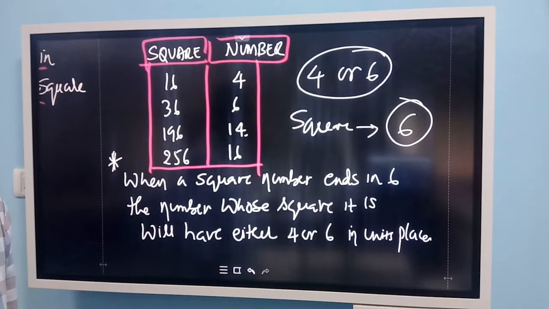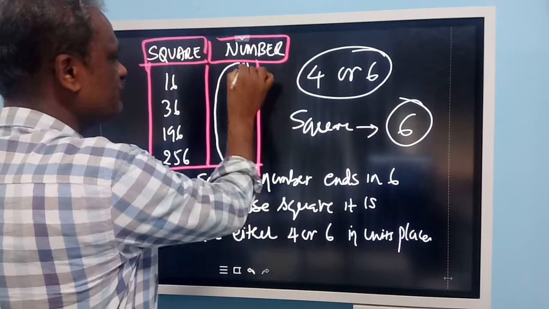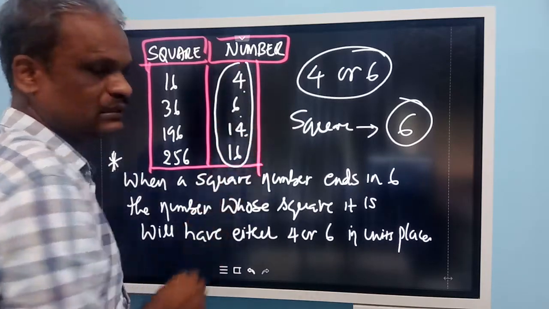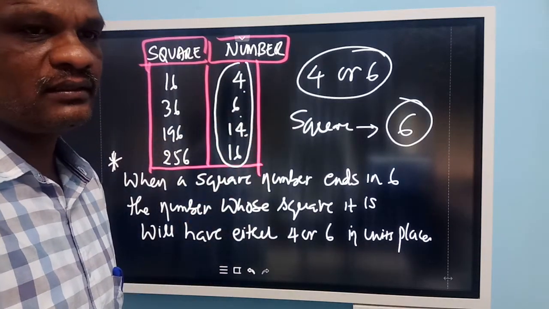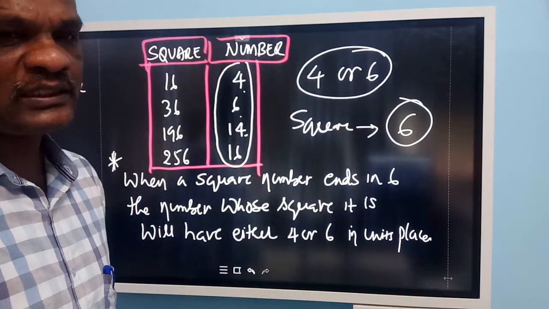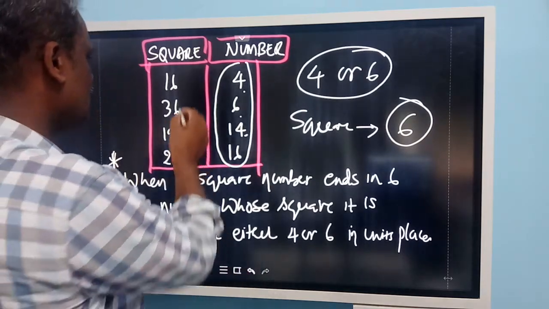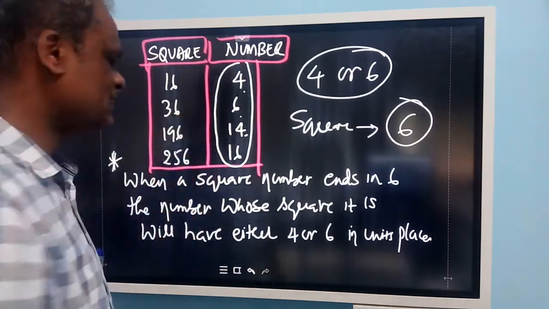Is it clear? Take any number which ends with either 4 or 6 and square that number. Observe the units place digit. It always ends with the digit 6.